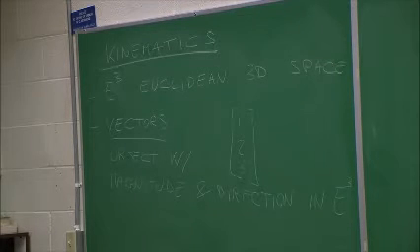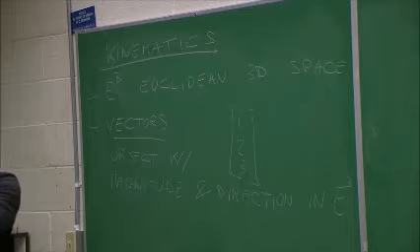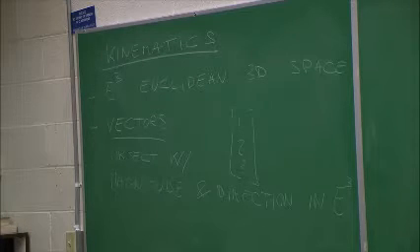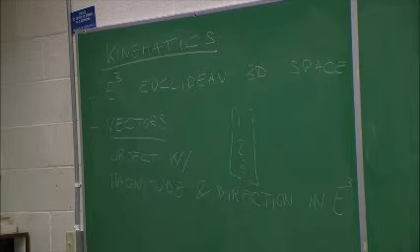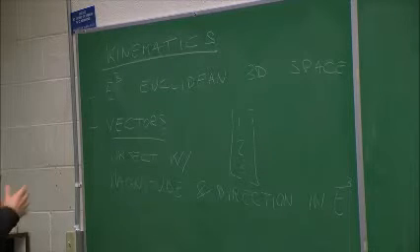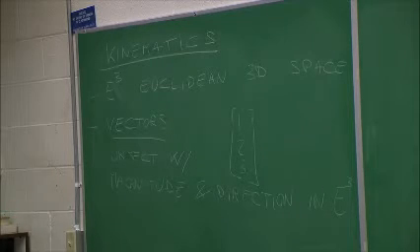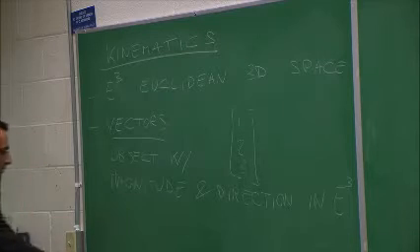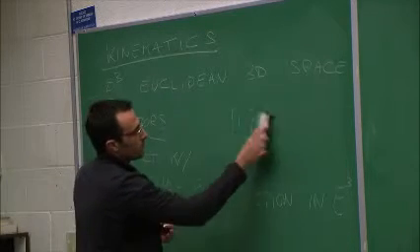So this is my vector, and it's here. It exists regardless of whether I'm looking at it from here, from behind, from down there. It's an object that exists in 3D. That's something that we define and we use to represent positions, velocities, and so on and so forth. So 3 numbers don't really mean anything by themselves.